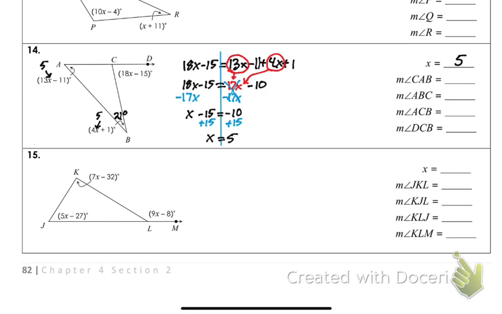Minus 11 is 54. Let me know if I make any mistakes in my head. 54 is good. And then instead of 18x minus 15, we're going to have 18 times 5 minus 15. Well, 18 times 5 is 90. Minus 15 should be 75. We go with 75?